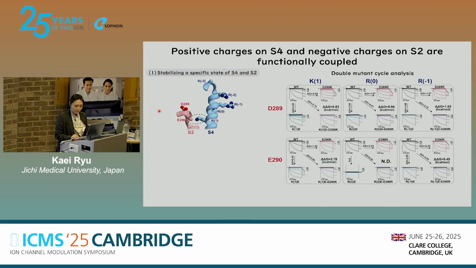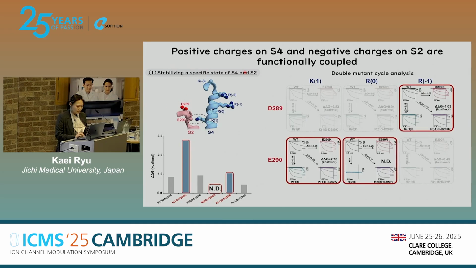Therefore, we made six combinations of double mutants with swapped charges and calculated delta G. These are the bar graphs of the delta G. From the results, we can see that for K1 and R-1, the delta G is larger than 1. We can see that K1 and E290, and R-1 and D289, form salt bridges with functional interaction.